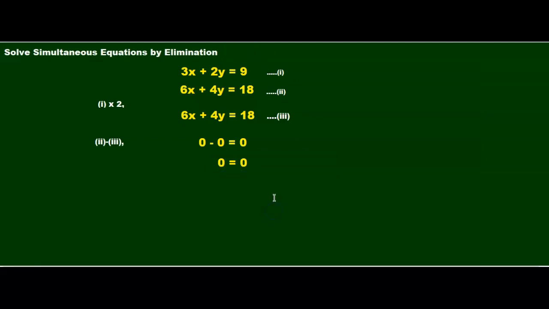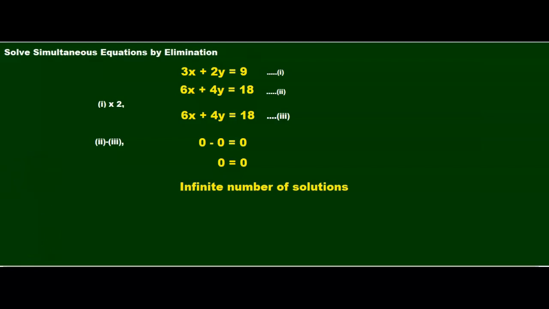What does that mean in mathematical terms? That means I have an infinite number of solutions. Basically, when you get an equation which something equals itself, 1 equals 1, 2 equals 2, 0 equals 0, x equals x, that means it's an infinite number of solutions.